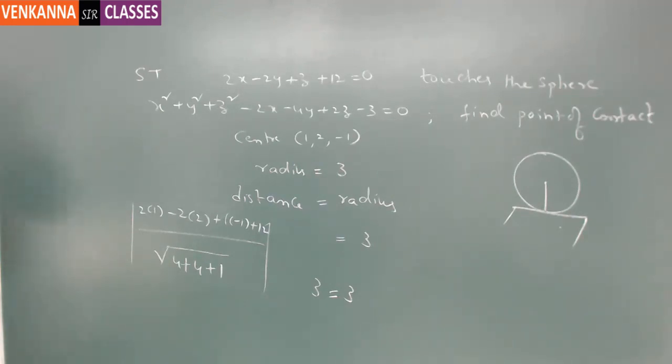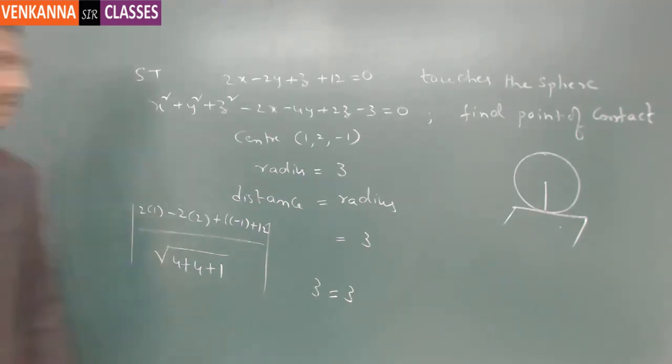From the picture, what can we say about it? If you observe, the distance line is perpendicular to the plane, so it acts as a normal to the plane.